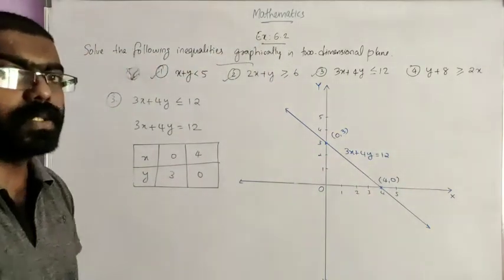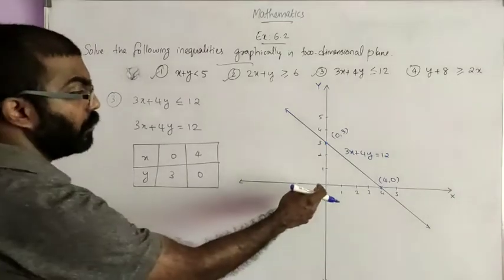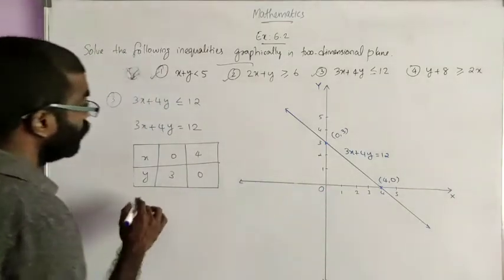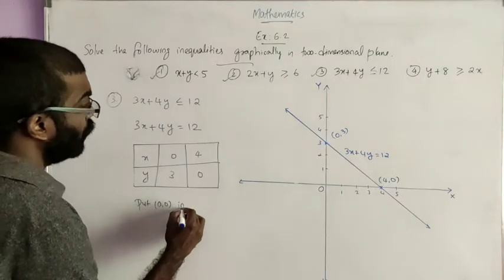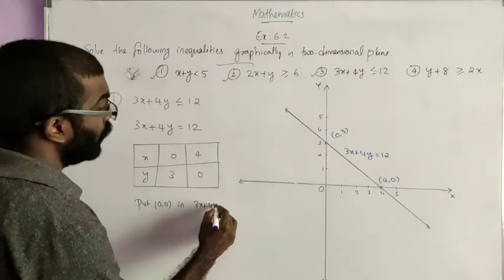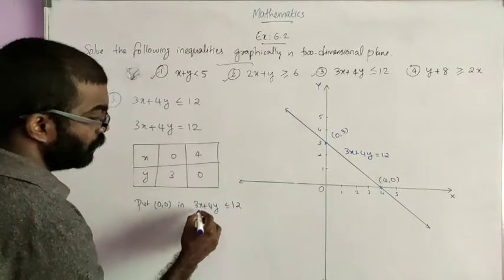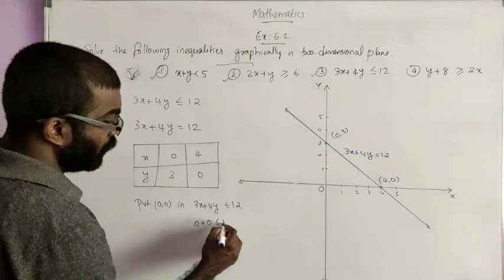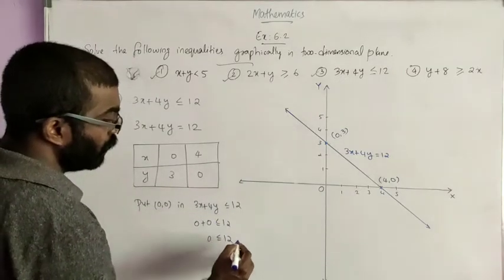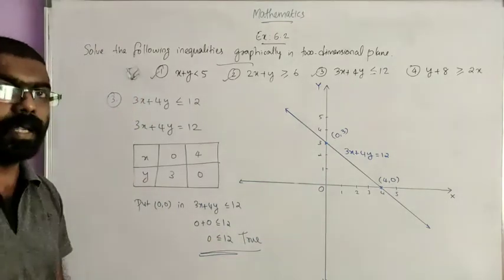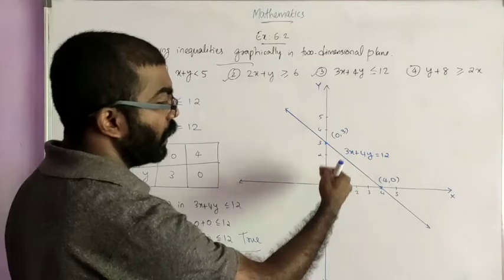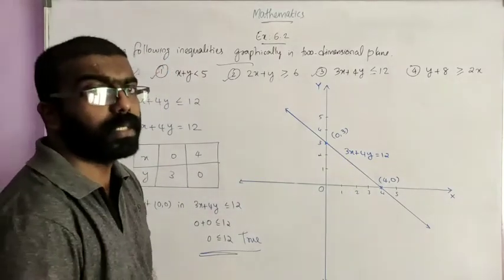Now we can find the solution region. For that we can check the point 0, 0. So put 0, 0 in 3x plus 4y less than or equal to 12. 0 plus 0 less than or equal to 12, or 0 less than or equal to 12. Clearly it is a true statement. That means the solution region contains the point 0, 0.